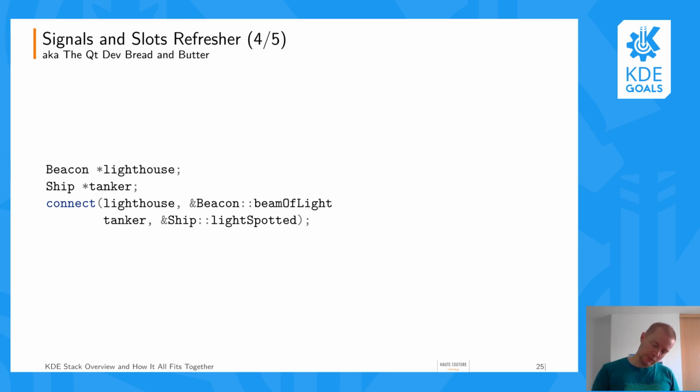Once that connect has been executed, every time the object we point to with lighthouse has its beamOfLight signal emitted, then lightSpotted in the tanker will be called, and we can then react to that information.